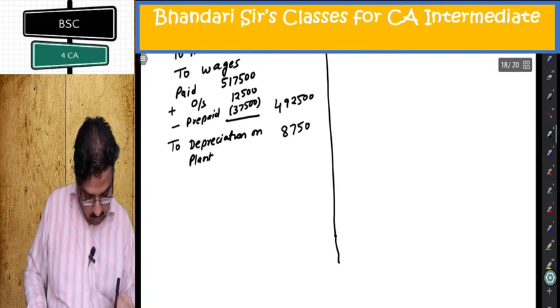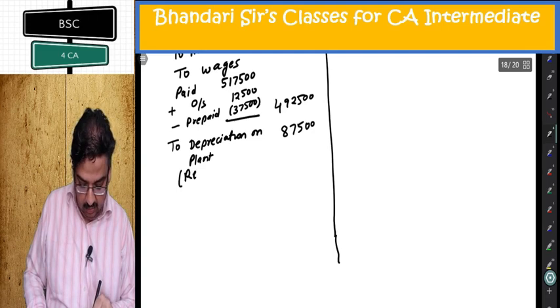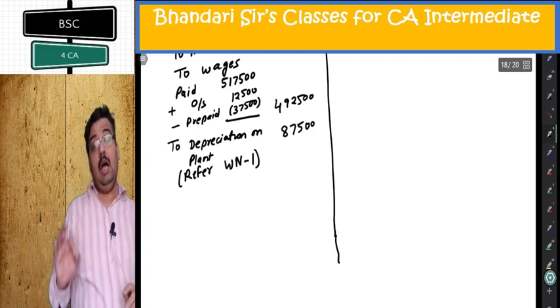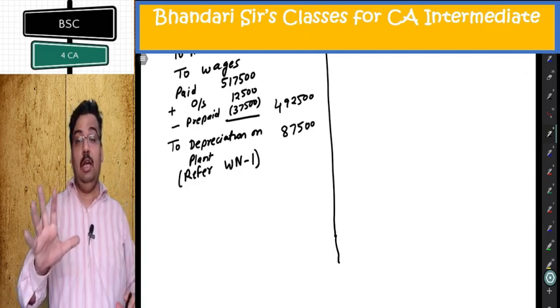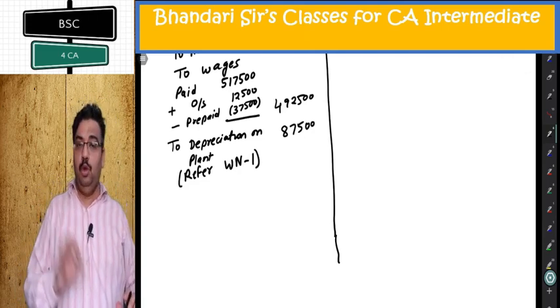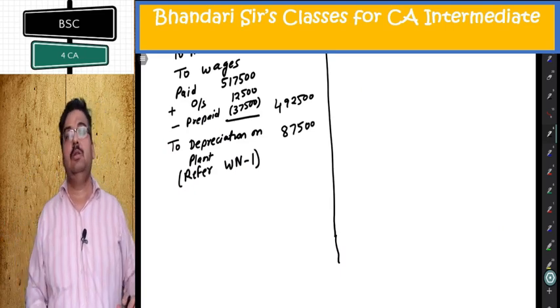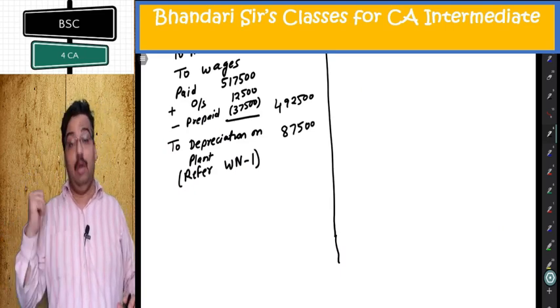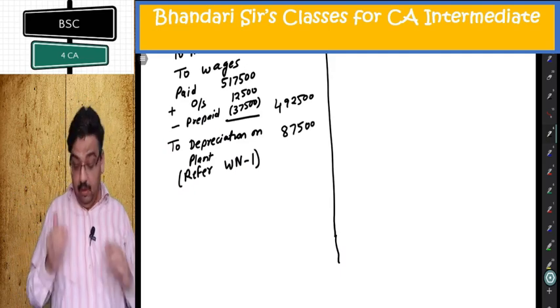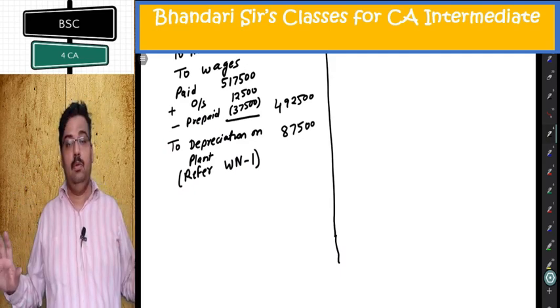In bracket I can write refer WN1. In exam, you are expected to be very clear on your working. If you do it on calculator, do it perfectly, write it there, you get very less marks. Unless you show it in working note and refer it here. Even if you show in bracket, it is okay.